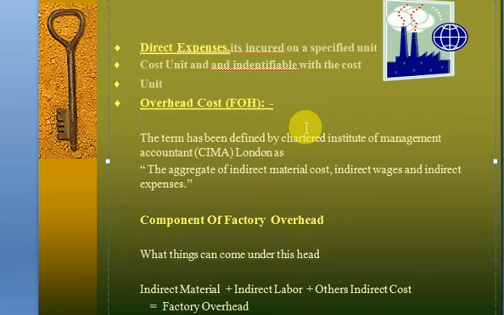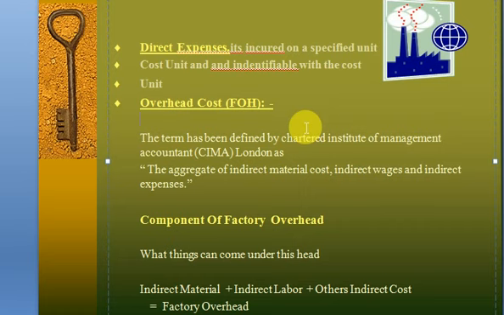Similarly, cost of the design. When some payment is made to make the design, the shape of the product, so that payment which is specified for that special product is called direct expenses.